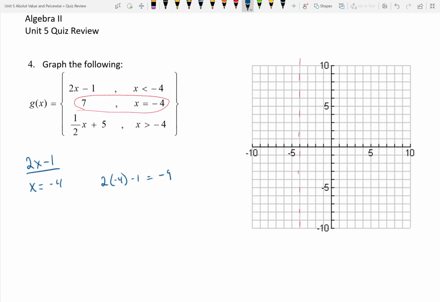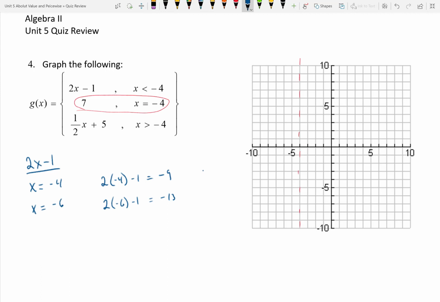And I'll evaluate one more point, a little more negative. Let's try -6. 2 times -6 minus 1. 2 times -6 is -12, minus 1, that's -13. It's a little bit off the graph, but we'll go ahead and use it anyway.